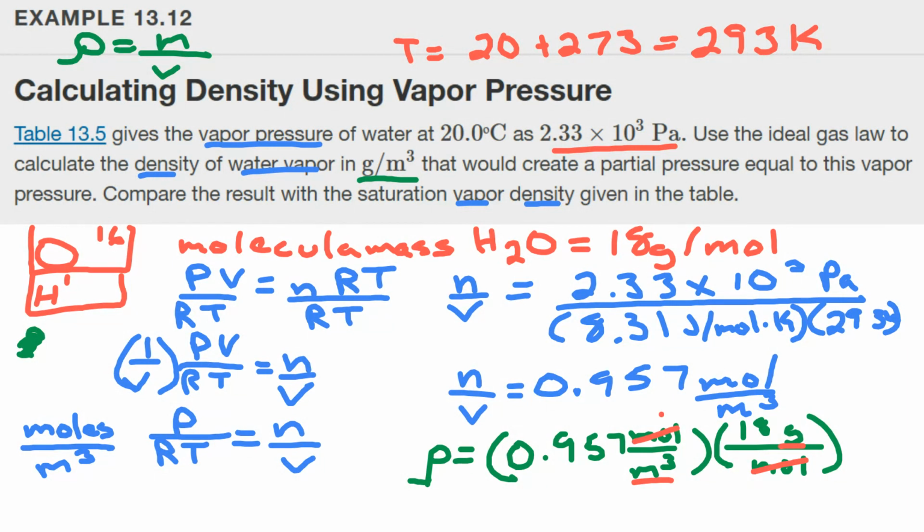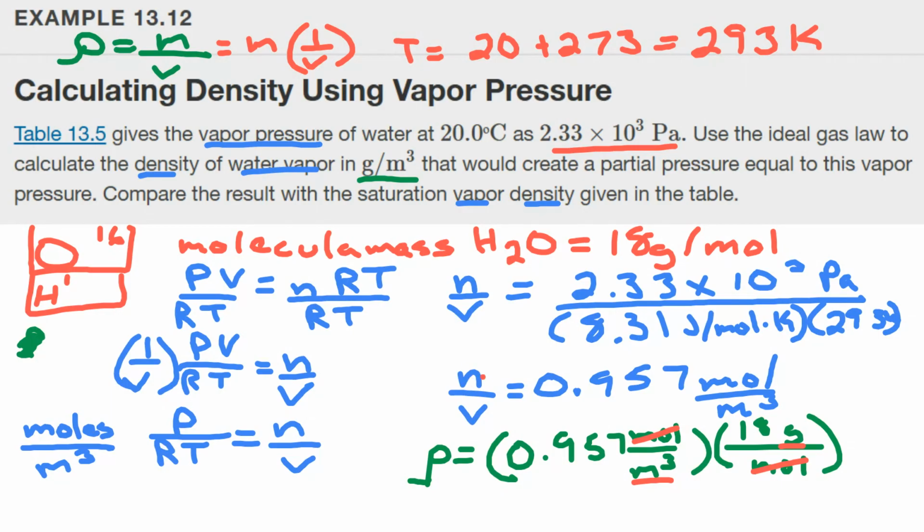You could think of this as the mass times 1 over V, where the molecular mass, the way that we've structured it, because it's 18 grams per mole, is the same as the mass over the number of particles.